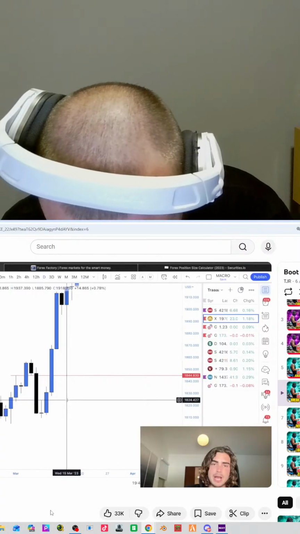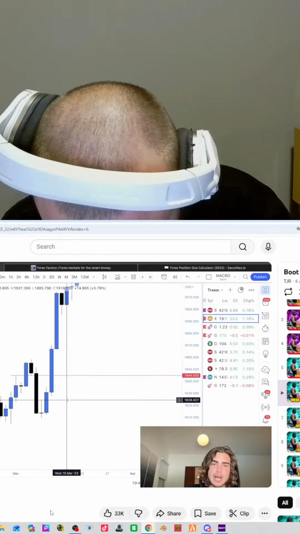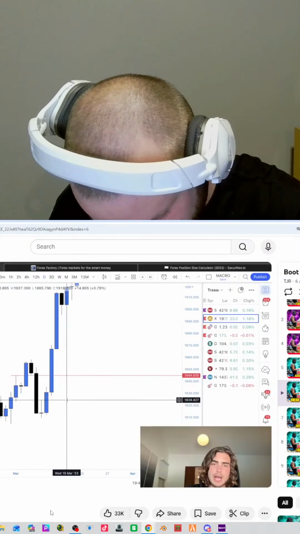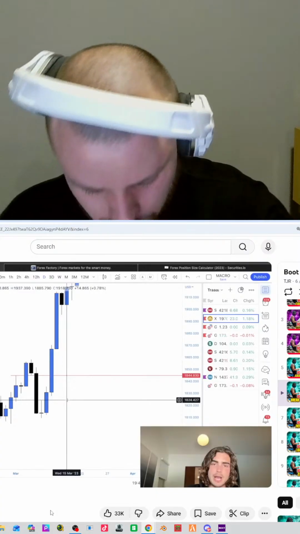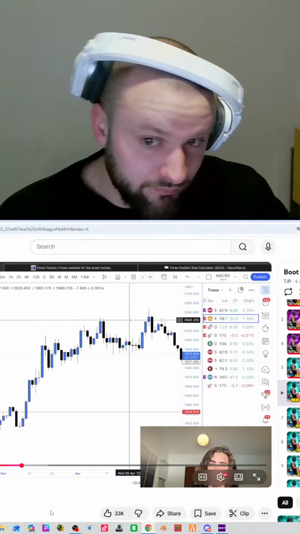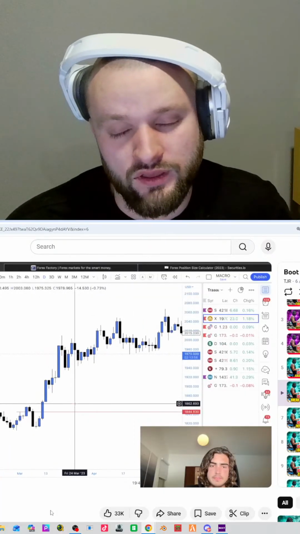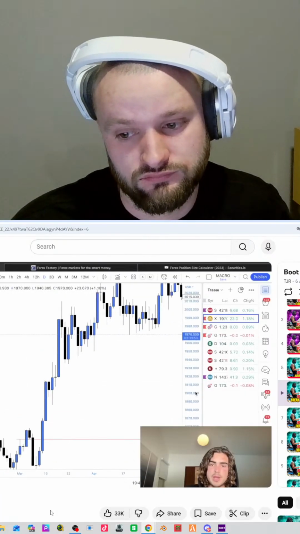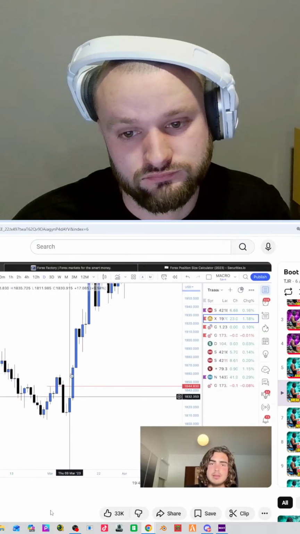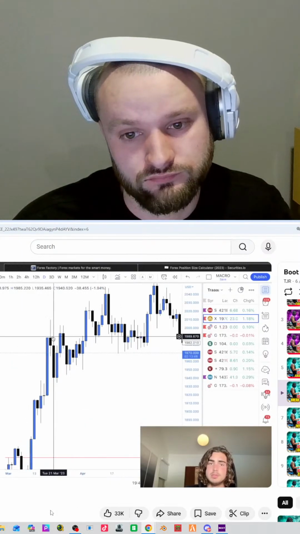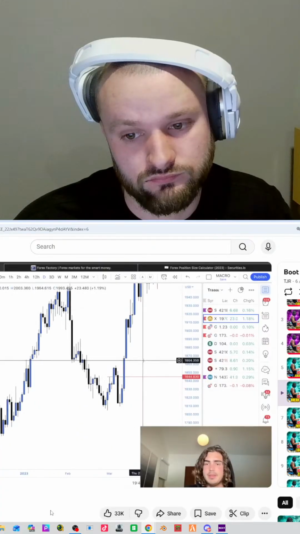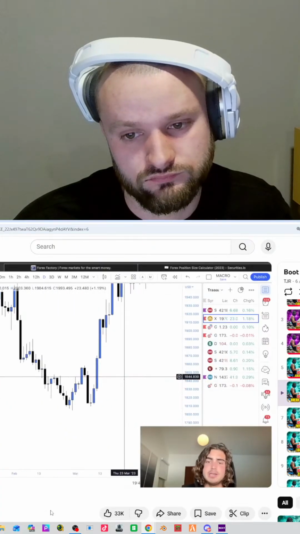Then it shot up. What happens? Bing bong. Moves to the upside. Yeah, we did get a retracement down, but hey, look. Higher low. Higher high, higher low. Higher high, higher low. Continues. Okay? That is break of structure to the upside.